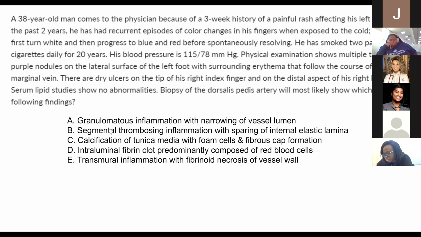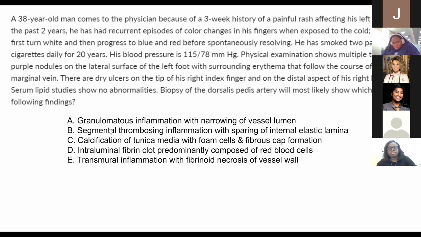Let's go through all of them. So A, granulomatous inflammation with narrowing of the vessel lumen. That one is supposed to be indicating Takayasu, because when you have the narrowing of the vessel lumen due to granulomatous inflammation, that's what's going to lead to the pulseless disease, right? Because it's mainly affecting your brachial and radial arteries, and that's why you have the pulseless disease.